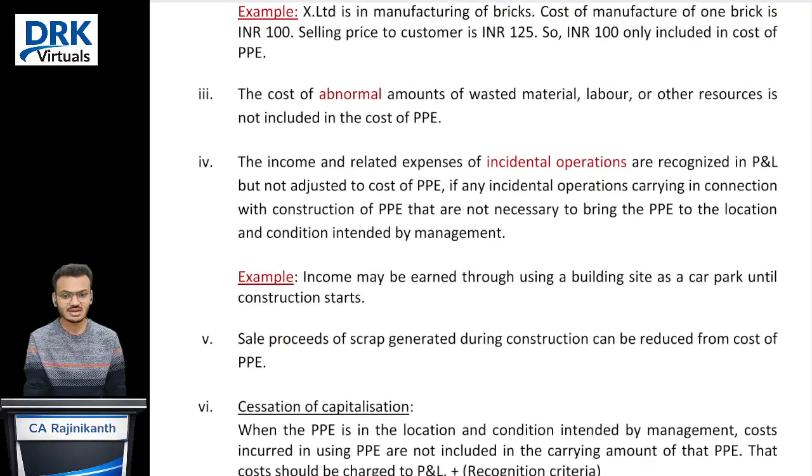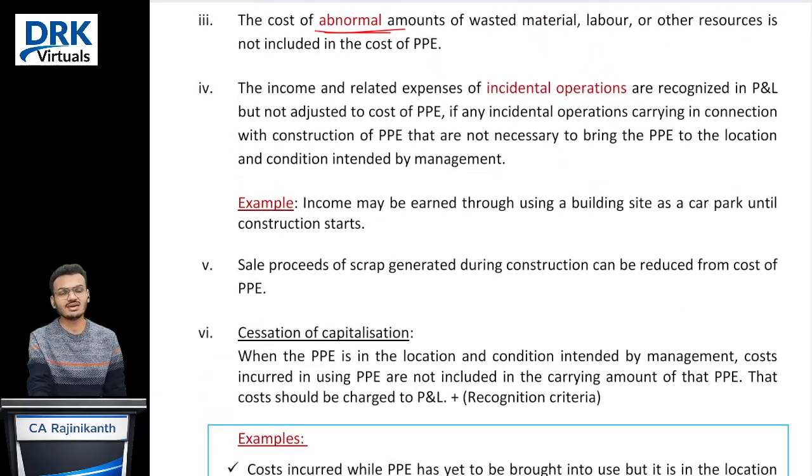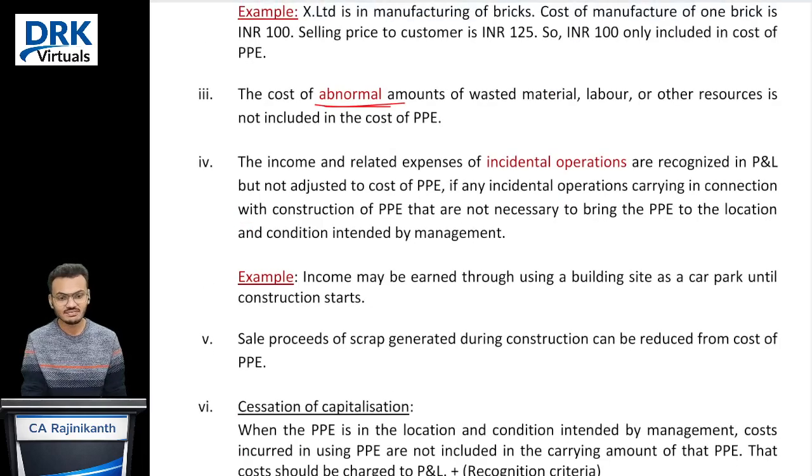And next one is any abnormal loss, be it a material cost or labor cost or any other resources, we should not capitalize it. And any income or expense from incidental operations should be recognized in profit and loss account, that we should not adjust to the cost of PPE. Let's say, for example, we are constructing a building here, and this vacant land we are giving for a parking lot.